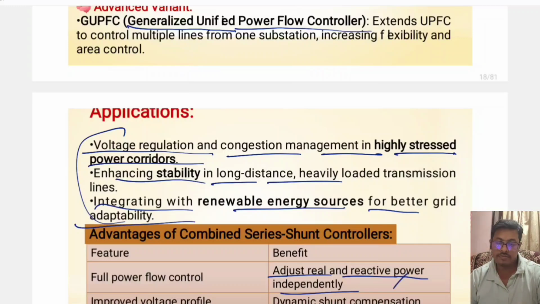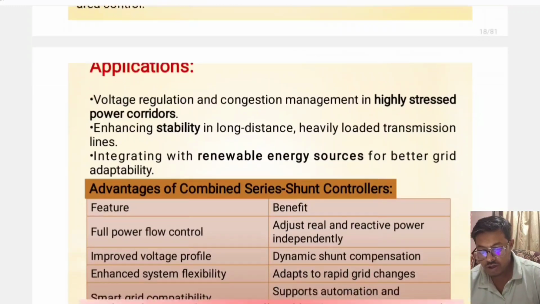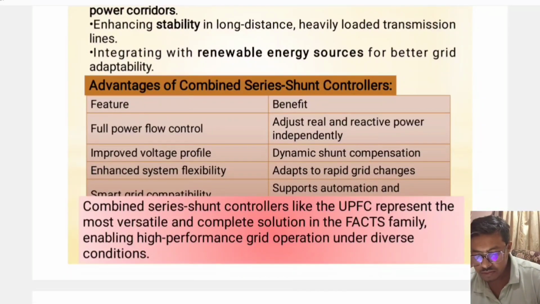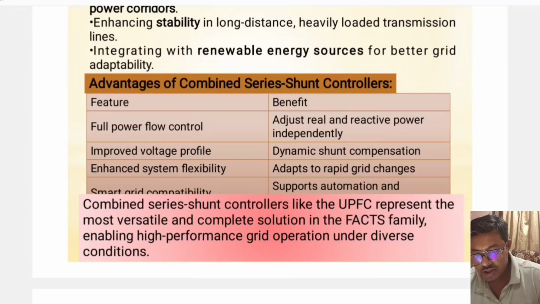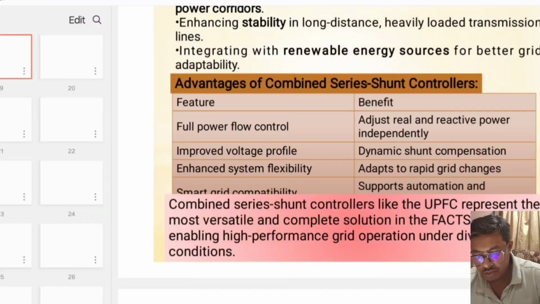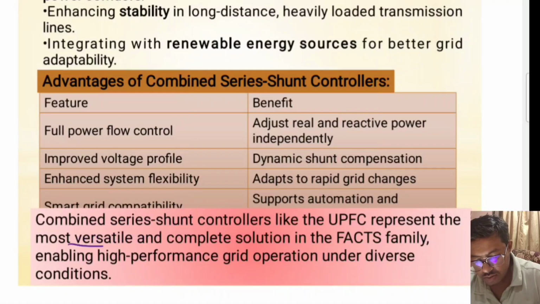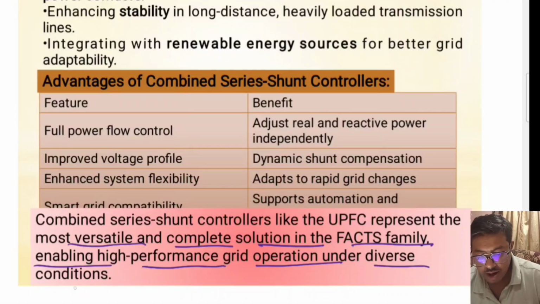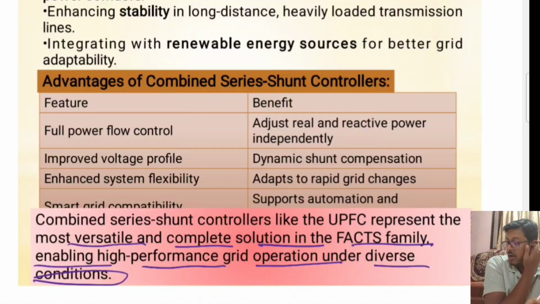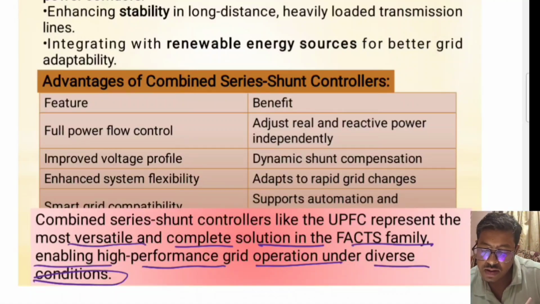This combined series-shunt controller like the UPFC represents the most versatile and complete solution of the FACTS family, enabling high-performance grid operation under diverse conditions. So these are the different types of FACTS controllers and their functions.